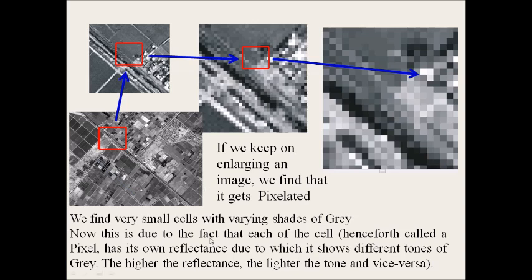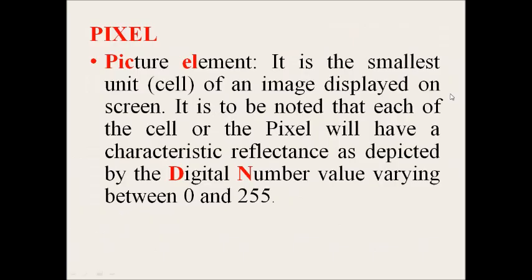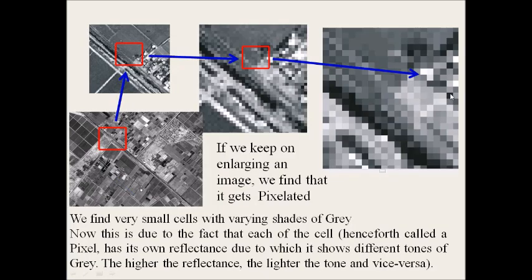Now these individual cells, henceforth called the pixel, have their own reflectance values, and you can see that if we are viewing this area, this is a cell which is appearing very white, and this one is appearing as almost black, and the others are showing the different shades of gray.